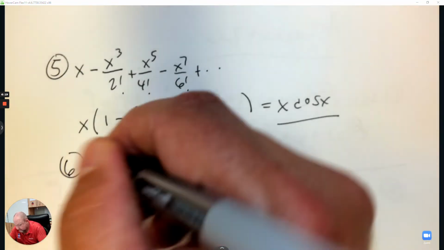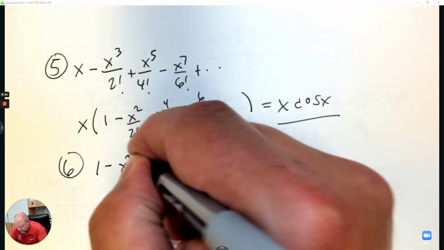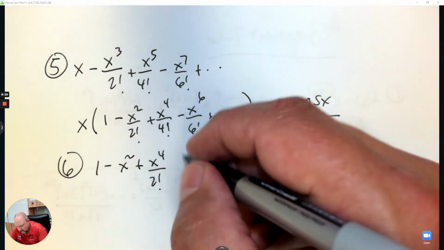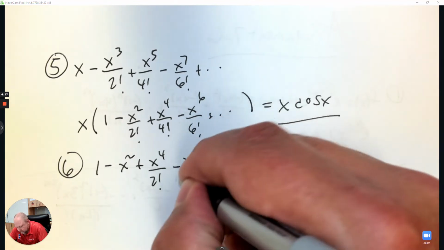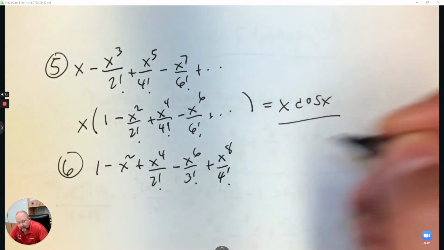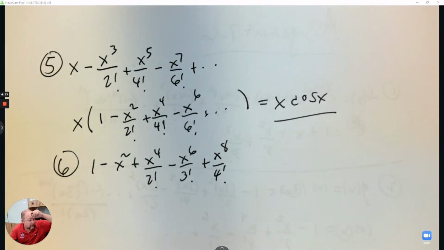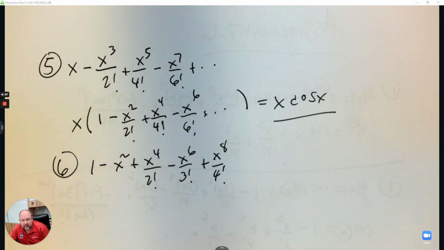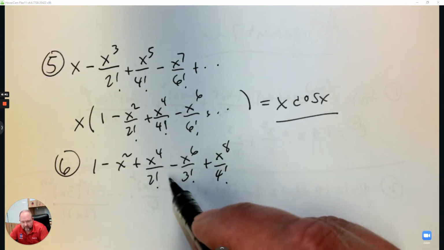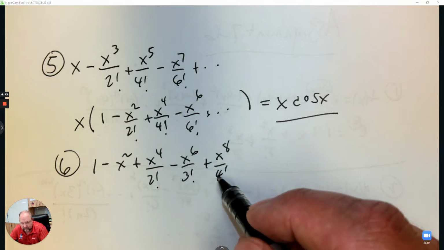Number 6. Again, this is going to be either sine or cosine to work with, is it? Oh no. Oh, they got me on it. So do you notice it goes up by ones, like 2 factorial, 3 factorial, 4 factorial.